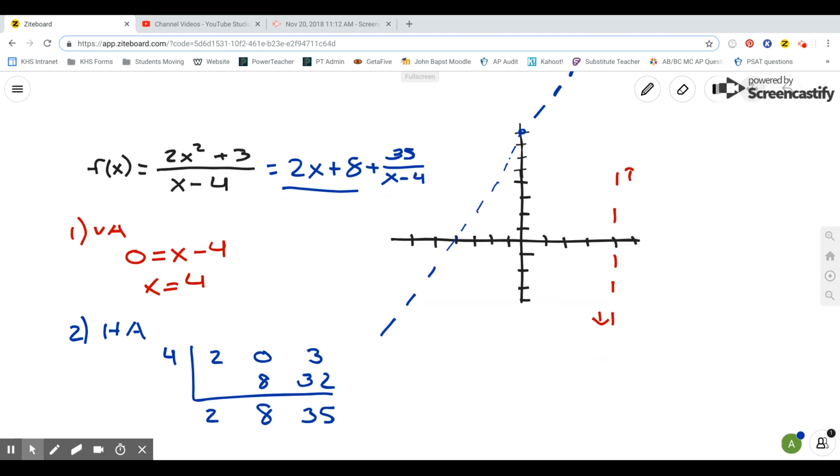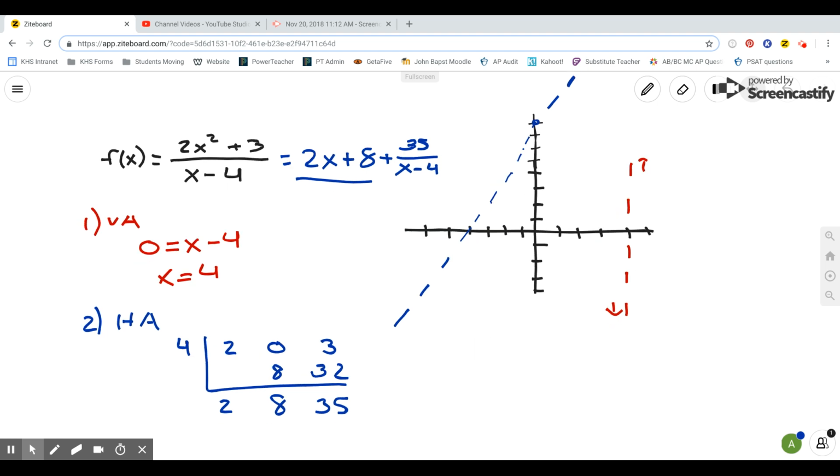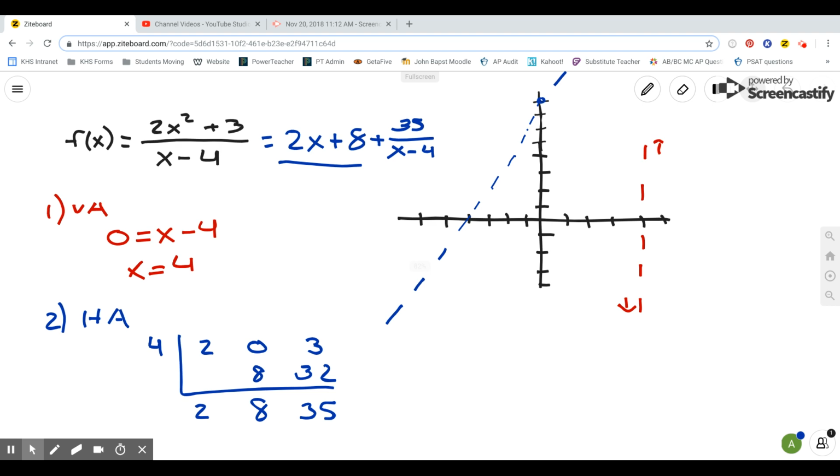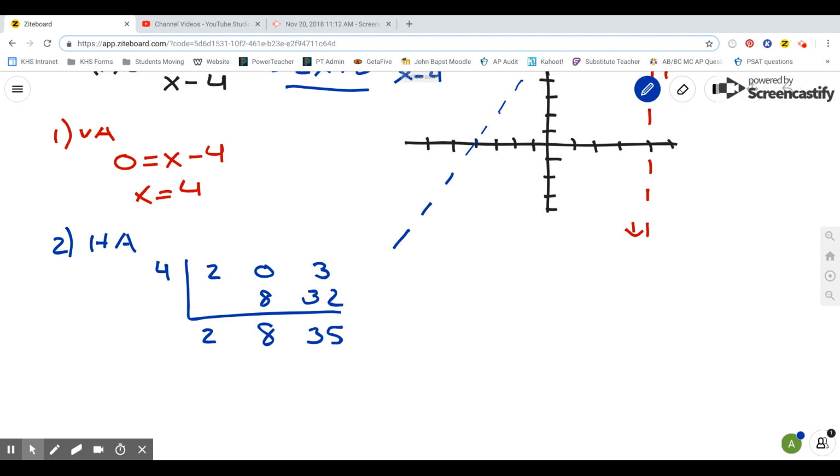It's not beautiful. So let's do our x-intercepts. Let's go with black. So x-intercepts happen where y is equal to 0.